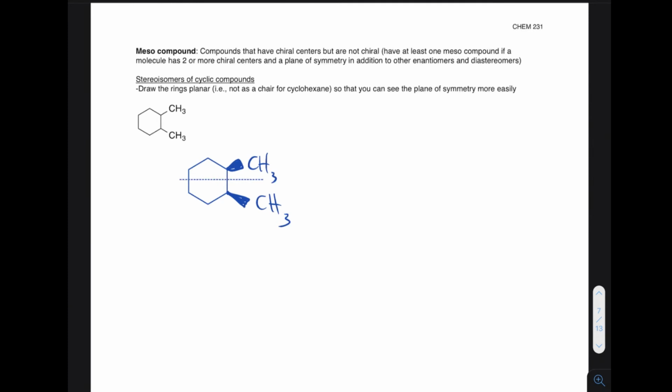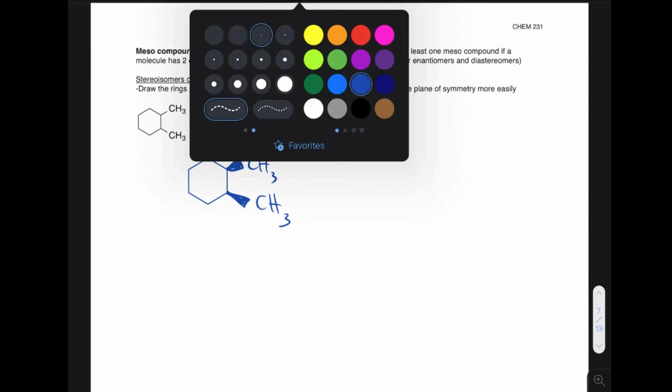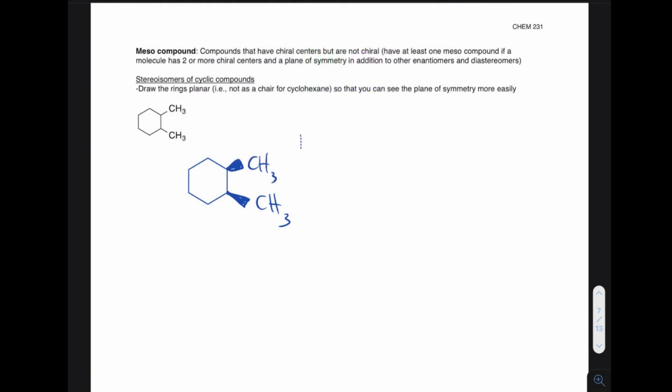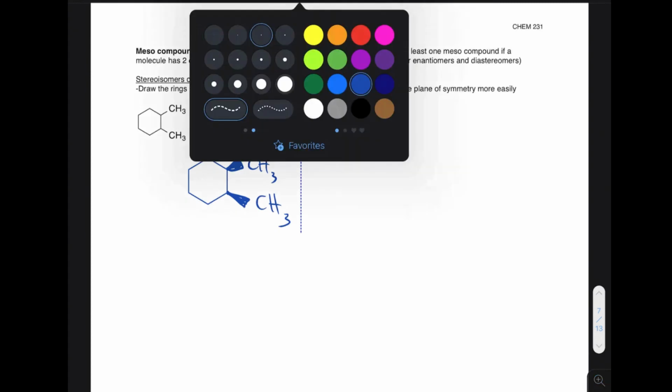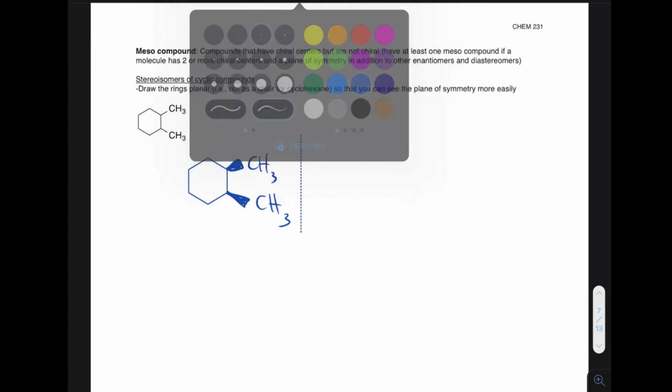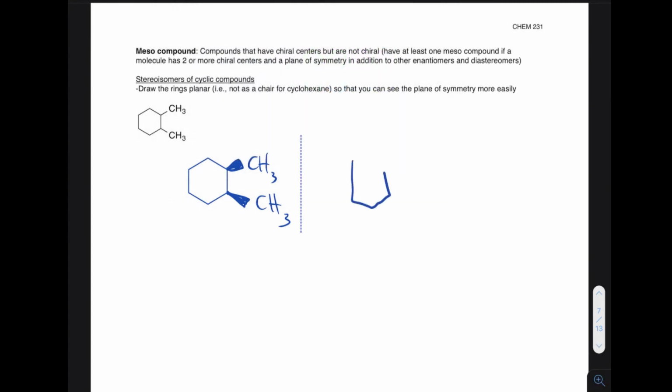You see that? We can fold this molecule up on itself, like a sandwich, and both sides would connect. We can convince ourselves of this by trying to draw the mirror image of this molecule, like we did in the previous video. But when we try to do that, what ends up happening is we have this same molecule again.